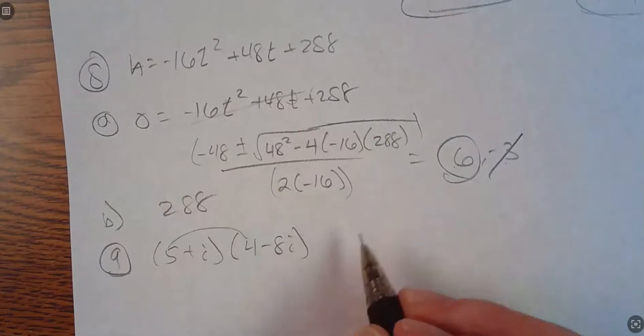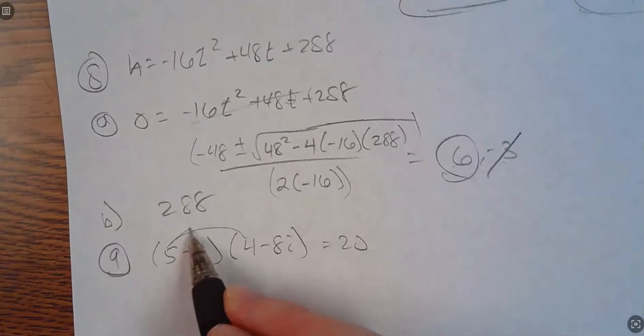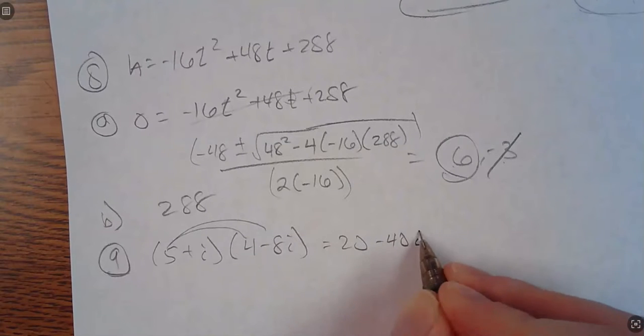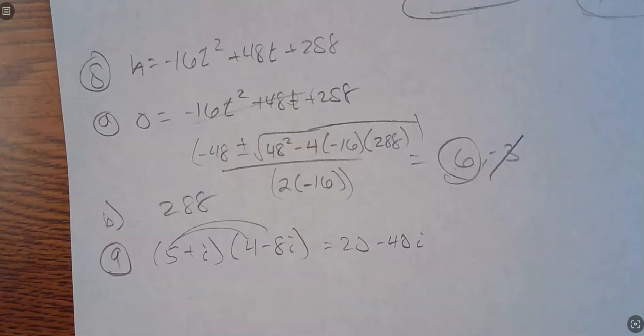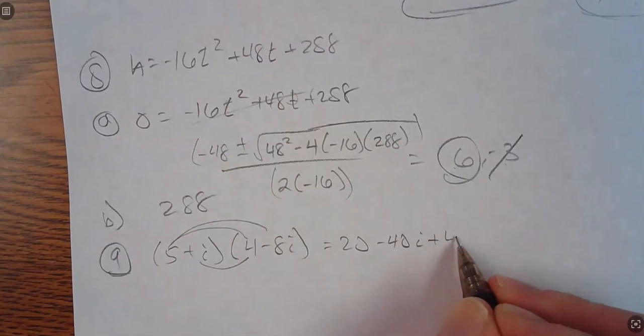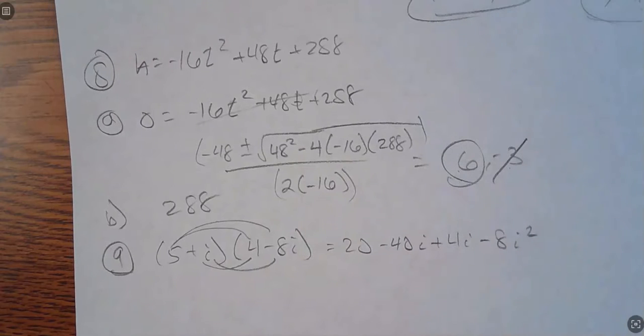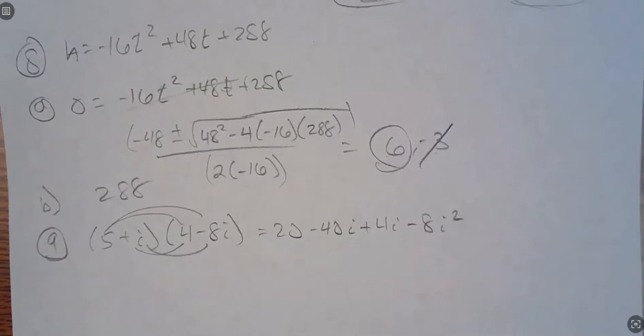So 5 times 4 is 20. 5 times -8i is -40i. And then i times 4 is 4i. And -8i squared. Now before you start adding like terms together, let's simplify the i squared.